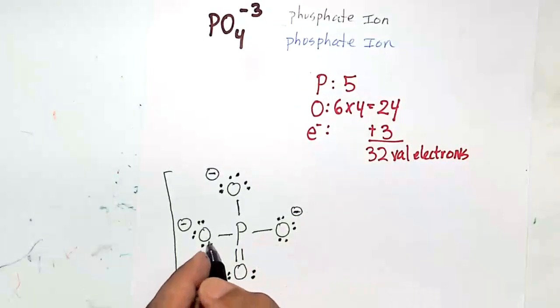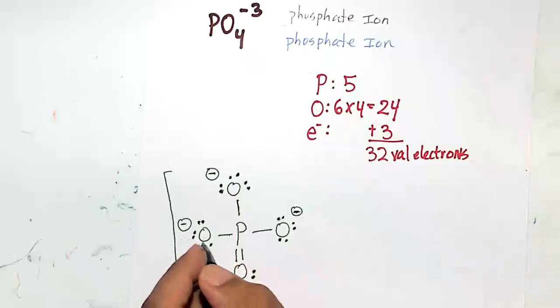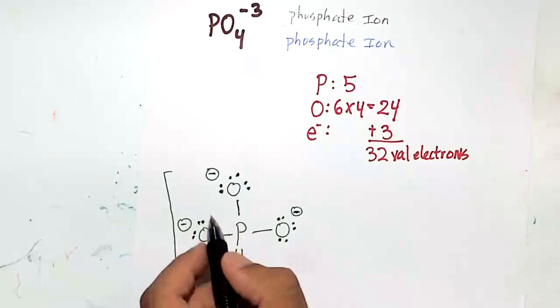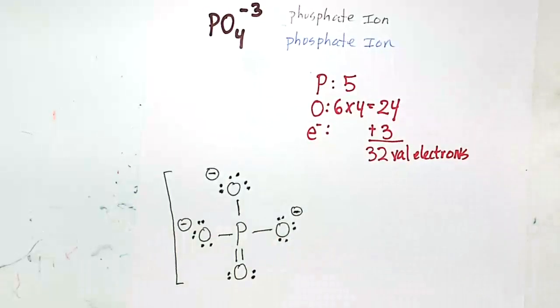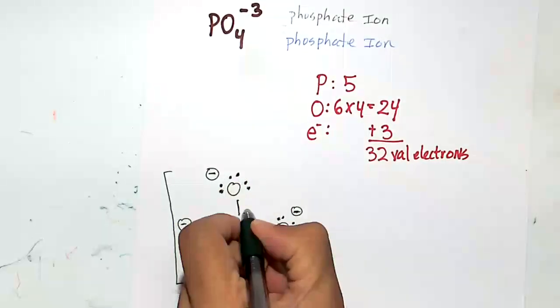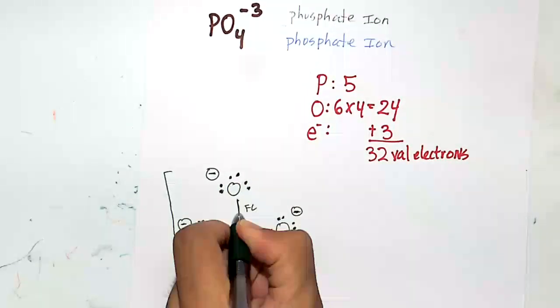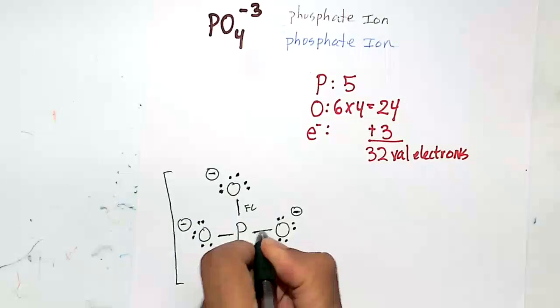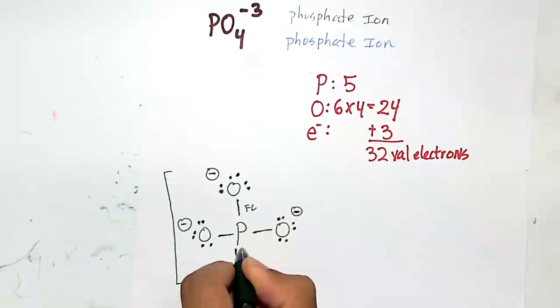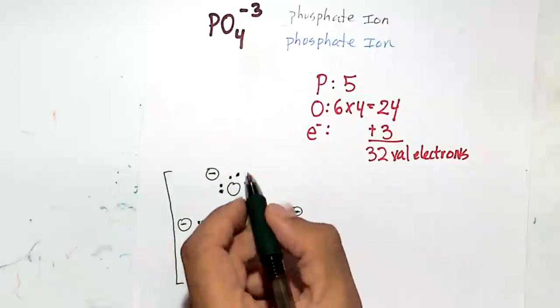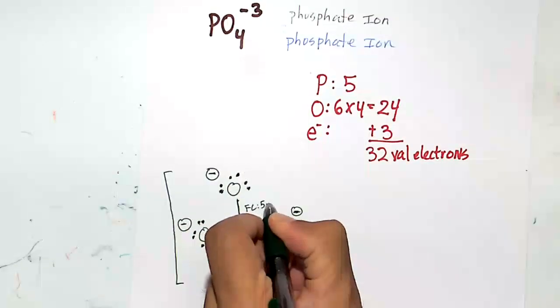All right, let's look at the octet rule and formal charge for the central atom. The central atom here is phosphorus P. Okay, let's first do the formal charge. Ready? Formal charge. Okay, 1, 2, 3, 4, 5. What is phosphorus happy at? 5.